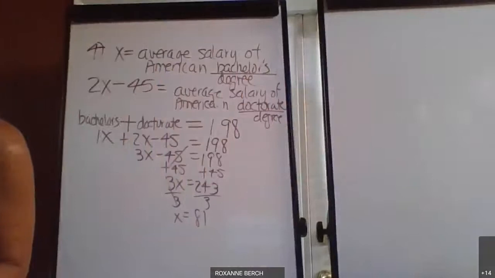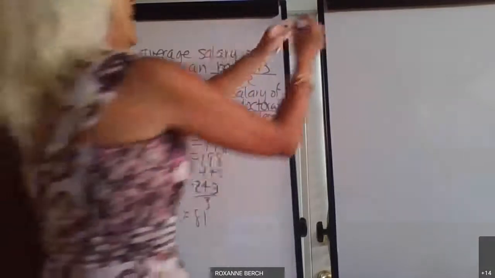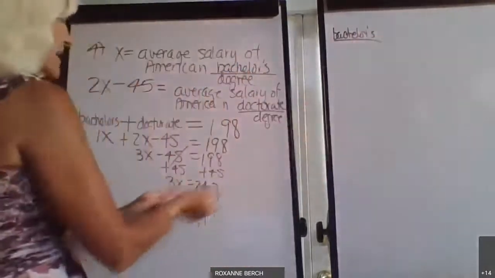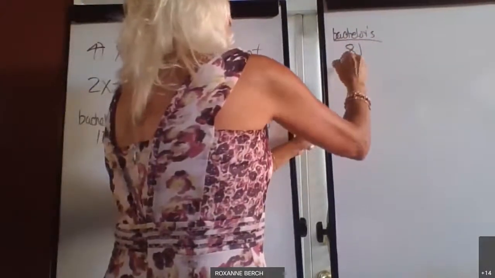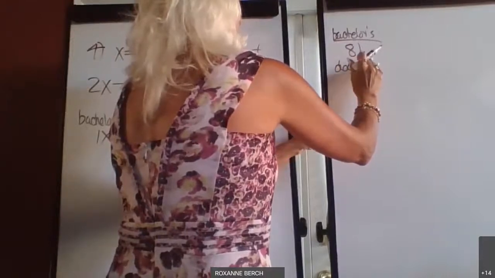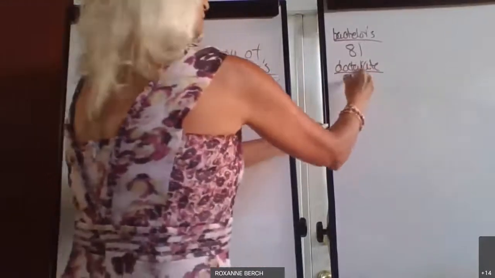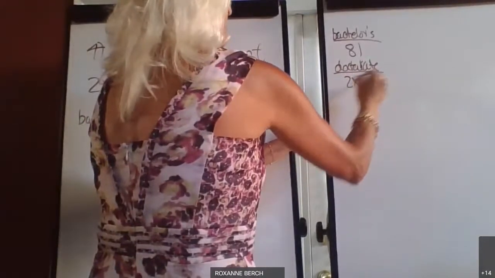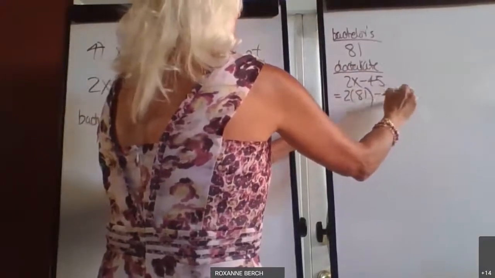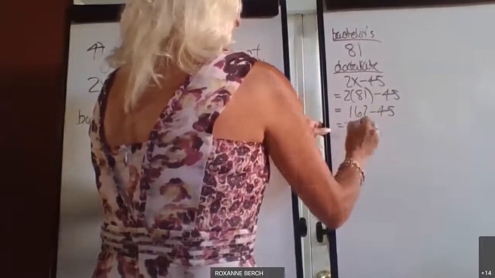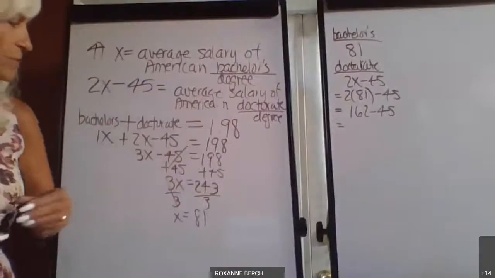Appreciate it. Okay. So anyhow, now we want to write a statement. Well, we want to figure this out. So first of all, I'm just going to write this. The bachelor's is going to be X, which is 81, and the doctorate is 2X minus 45, which is 2 times 81 minus 45, which is 162 minus 45, which is, can somebody on the calculator, what's 162 minus 45?